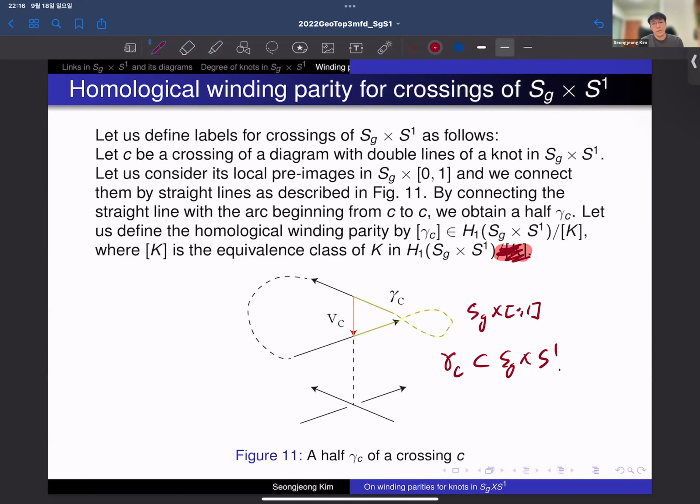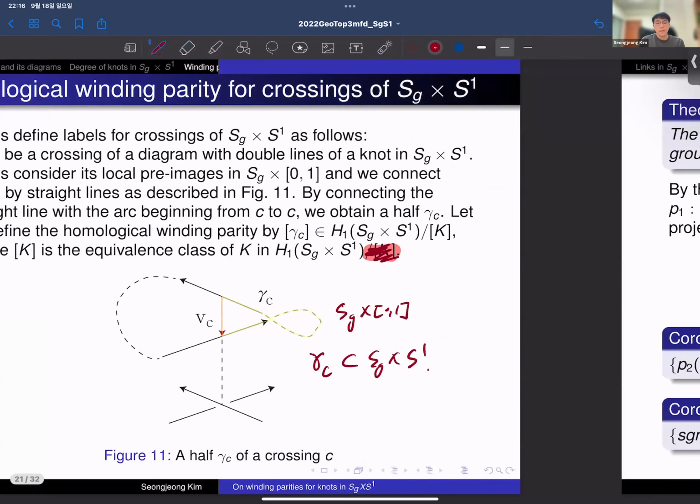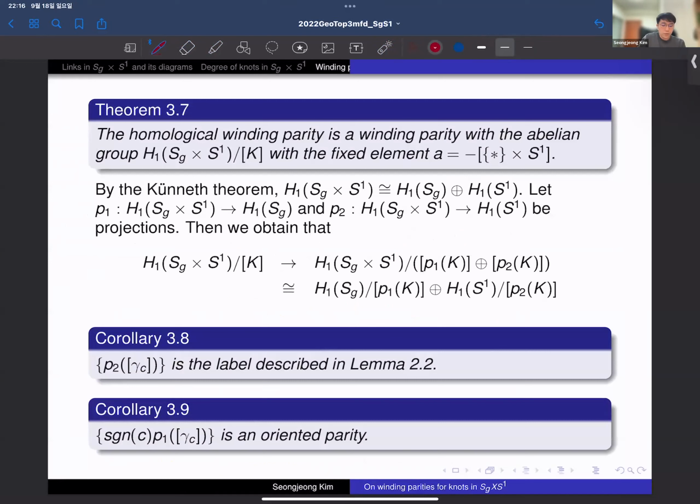We call this the homological winding parity. Then we can show that this homological winding parity is actually a winding parity with abelian group H_1(S_g times S^1) quotiented by [K] with the fixed element.